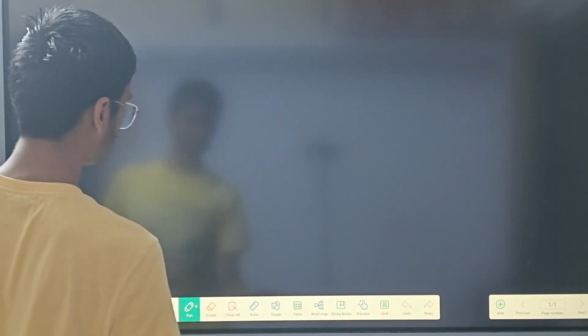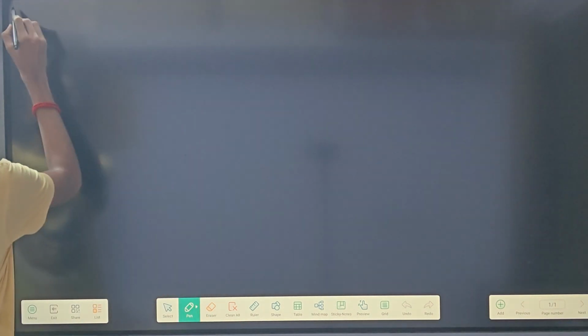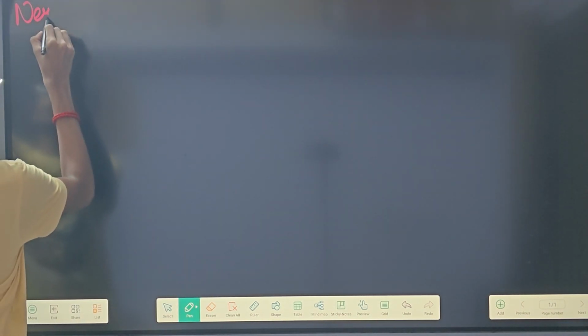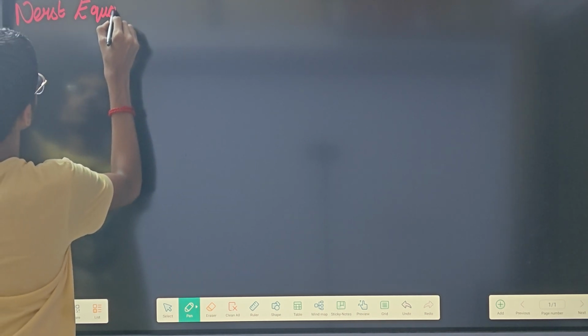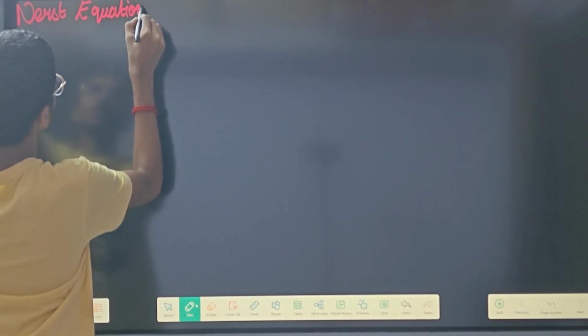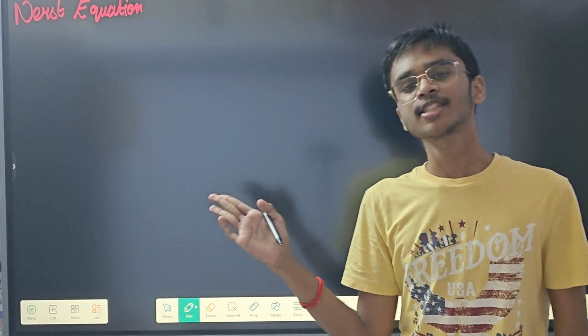As I said, we will be beginning with electrochemistry part 2, that is the Nernst equation, with the derivation completely. Where will we be using this Nernst equation?